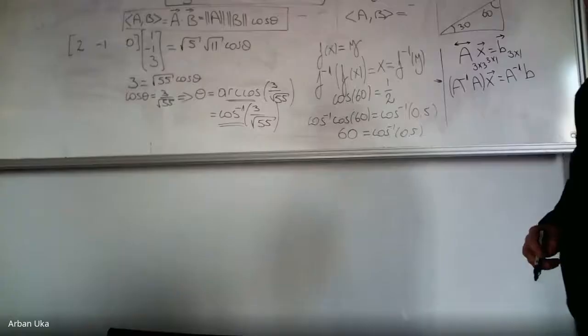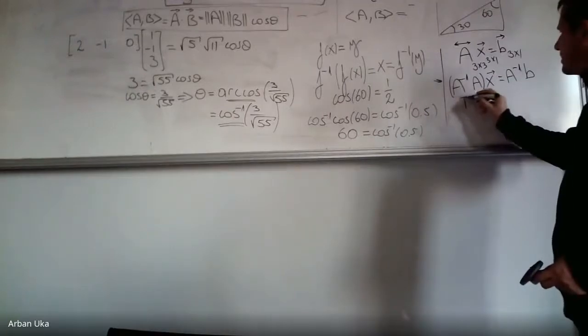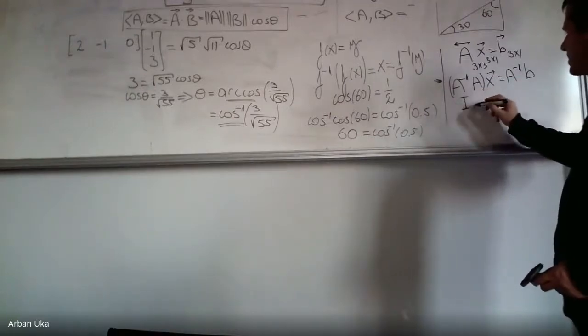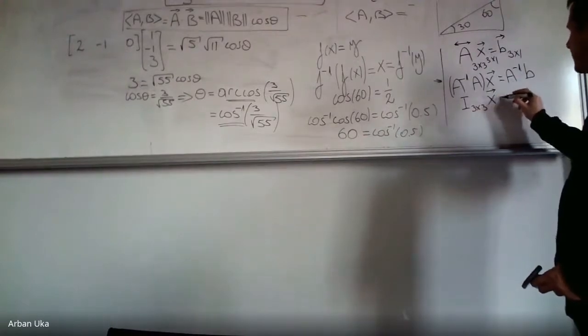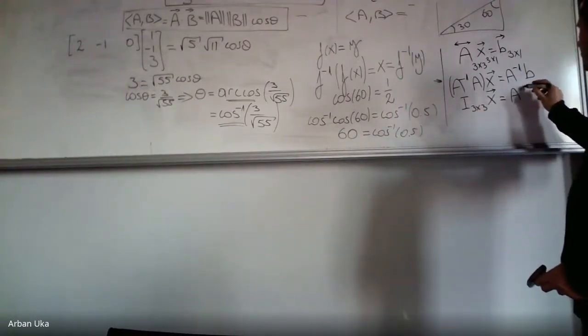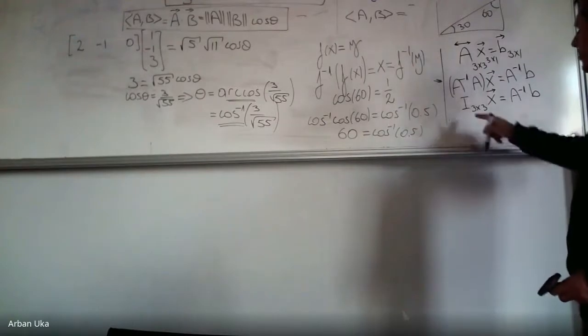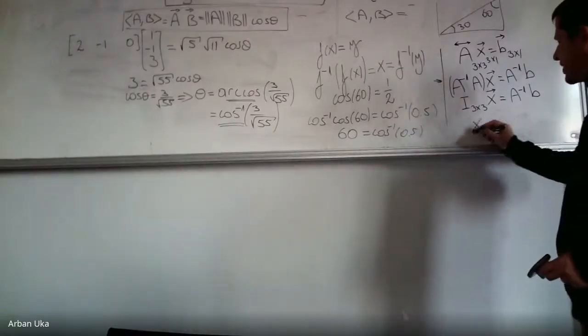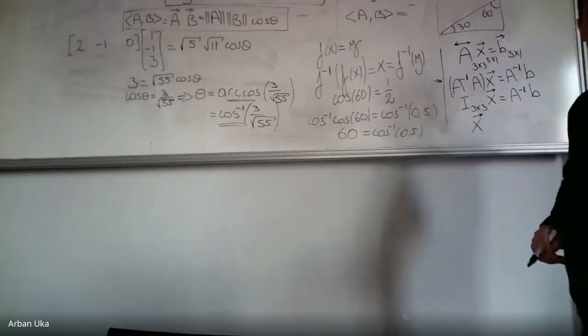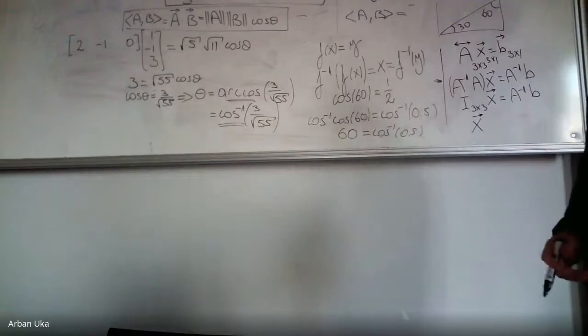Yes. We did that last time, right? So here we have the identity matrix, which is a square matrix, it's 3 by 3. We multiply this with the vector x, and this is going to be equal to A inverse times b. What is identity matrix times x? It's x itself. It doesn't change anything because it's just multiplying each component of x with 1, nothing else.